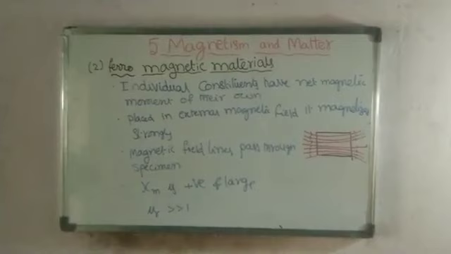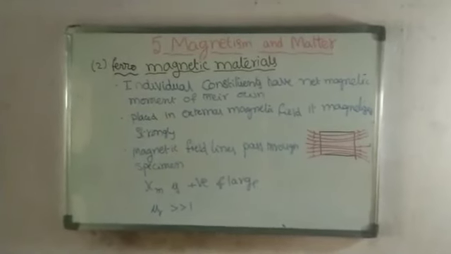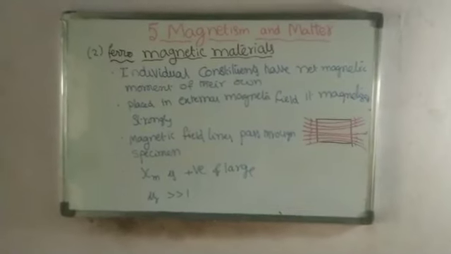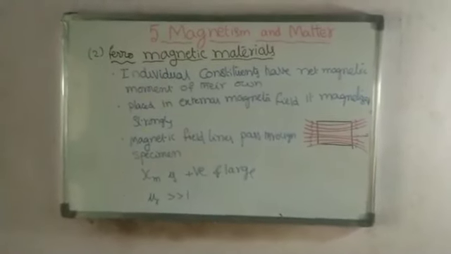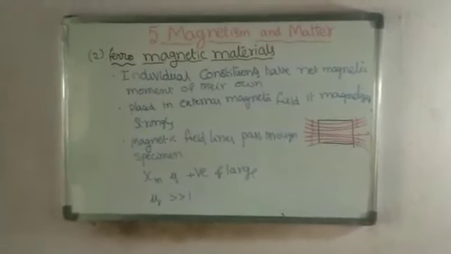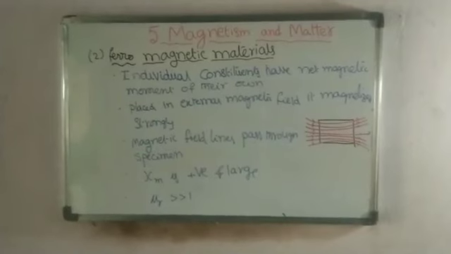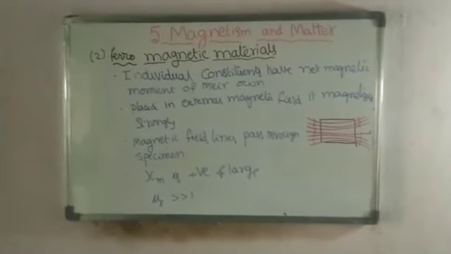Once again, the first one is, individual constituents have a net magnetic moment of their own, meaning it has its own dipoles. Next, whenever the ferromagnetic material is placed in an external magnetic field, it is strongly magnetized, whereas a paramagnetic material is feebly magnetized.